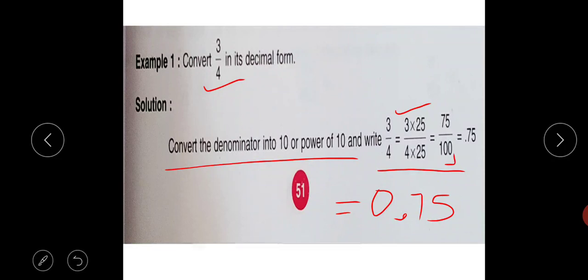Now we count 2 digits from the right in the numerator, 1, 2, and then put a point to write any number in decimal form. So the answer is 0.75. In this way we can represent a rational number in decimal form.